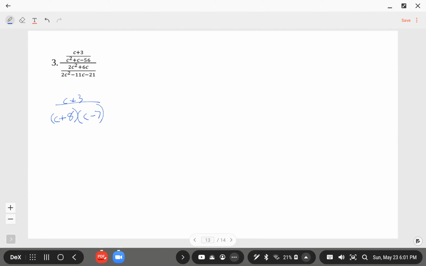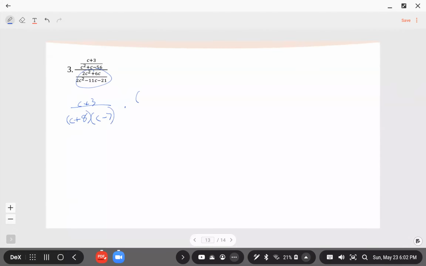And then we just multiply by the reciprocal of this, and then factor by grouping again. Factor by grouping is very troublesome because it takes up a lot of space. So 2 times negative 21, what do we get? We get negative 42, and then two numbers, negative 14 and 3. All right, we are done here.